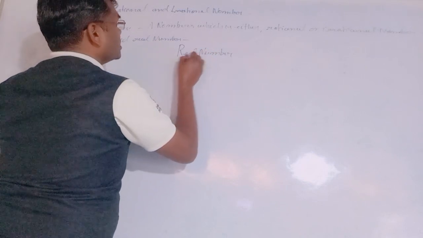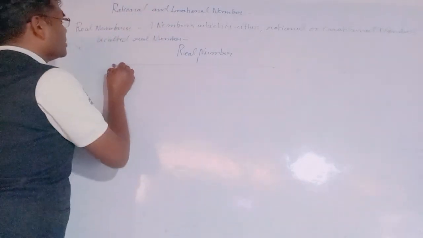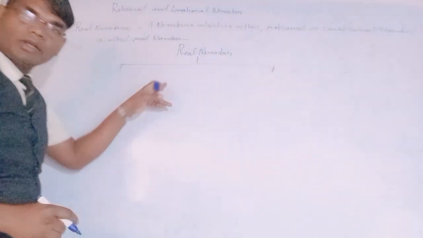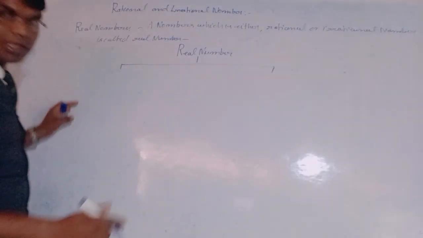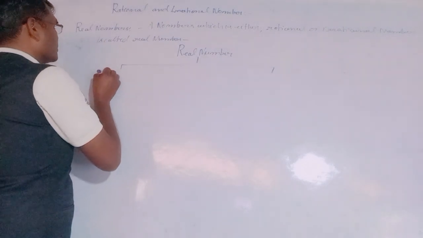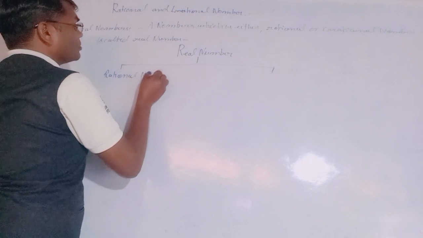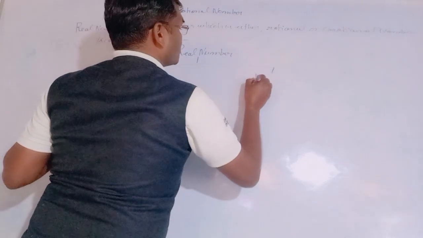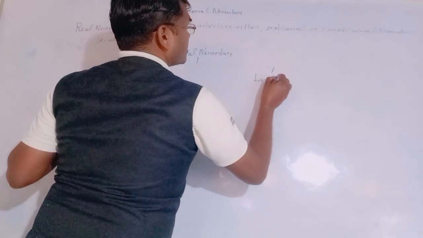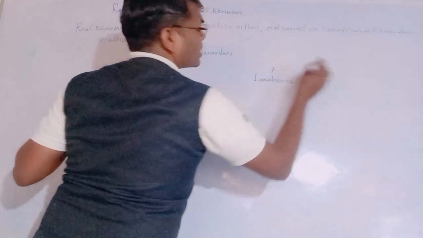Real numbers can be differentiated into two parts: rational numbers and irrational numbers. Rational number and irrational number, two things happen.